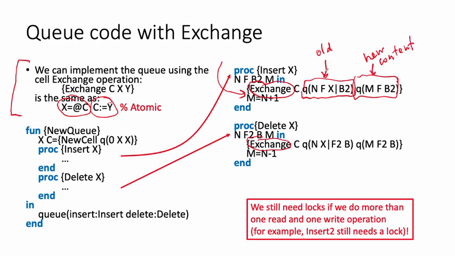Okay, so you can see that it's doing both the read and the write. There is an interesting point here. The new value here, which is n plus 1, has to be done after the exchange.